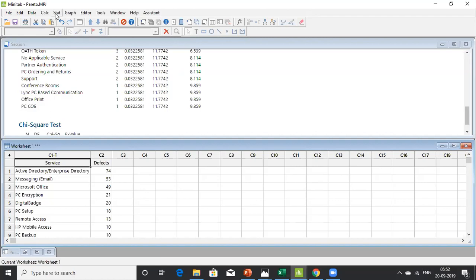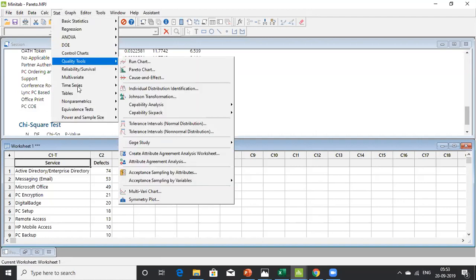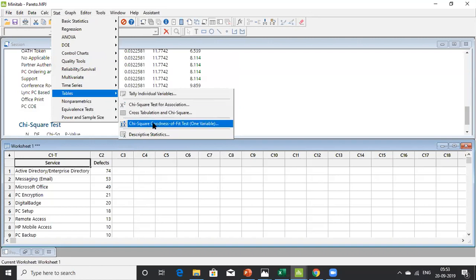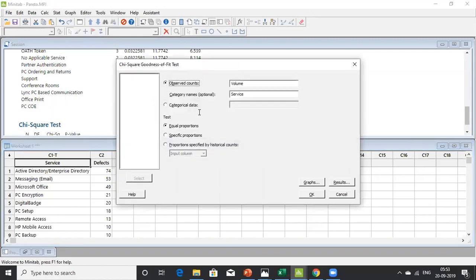That's my question. So I do a hypothesis test used for discrete analysis, which is called the chi-square test. I click on the chi-square test, select my defects, and select my service. I'm comparing the defects versus the service. Click on OK.